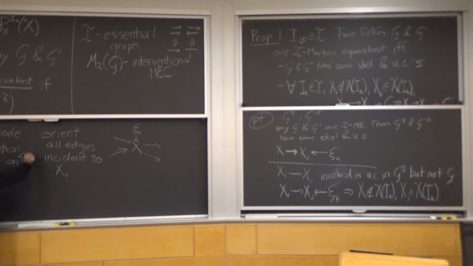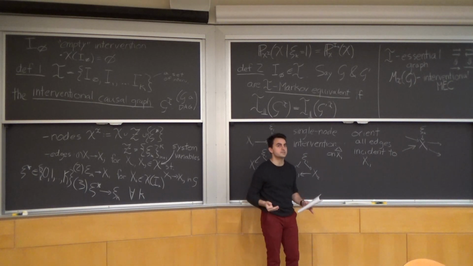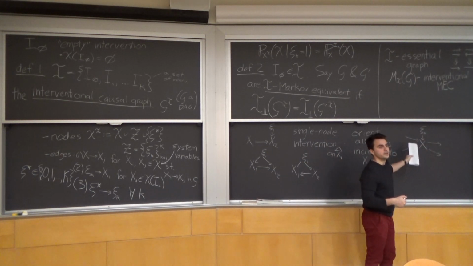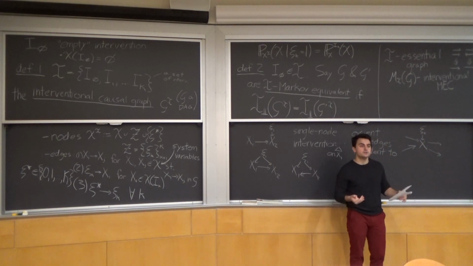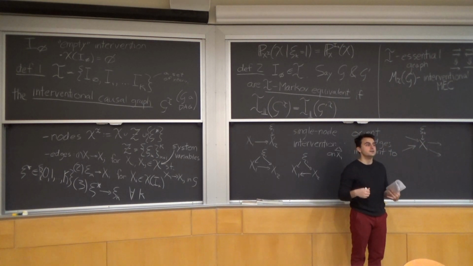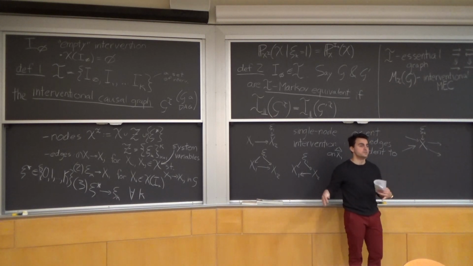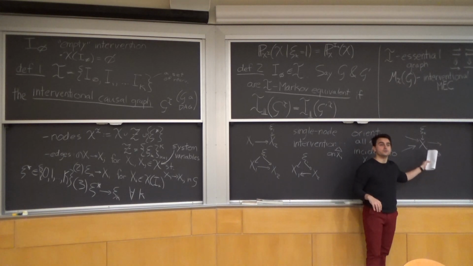So this is a special thing to remember. It's closer to what you would expect: when you're doing single node interventions, you orient all of the incident edges. Those might not be all you orient because of Meek rules, so you might figure out additional edges beyond just the ones that are incident to the node that you're intervening on.